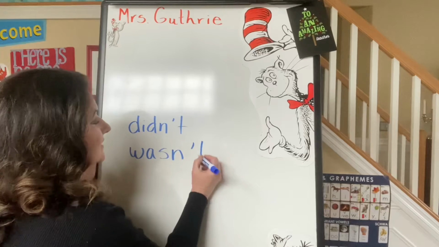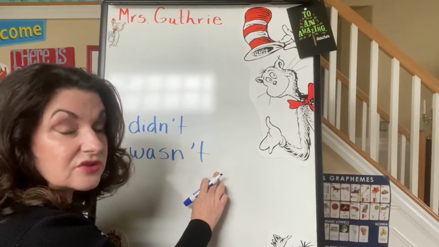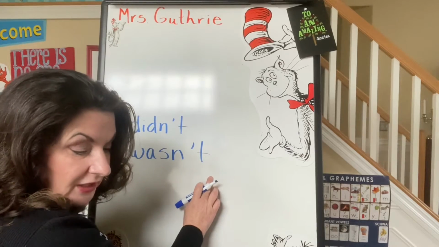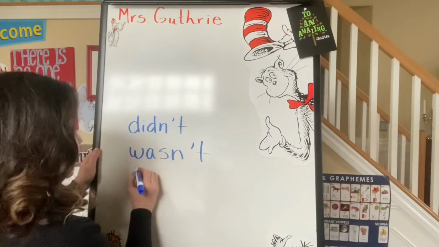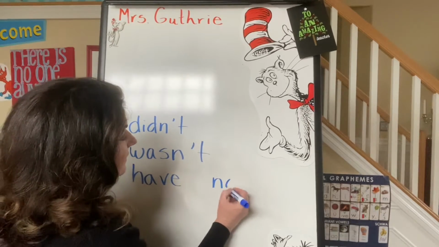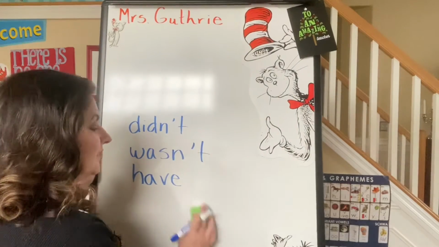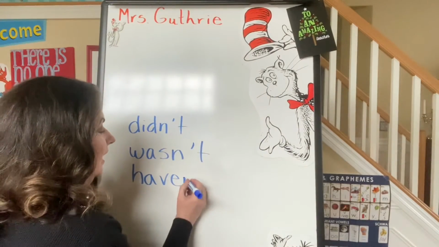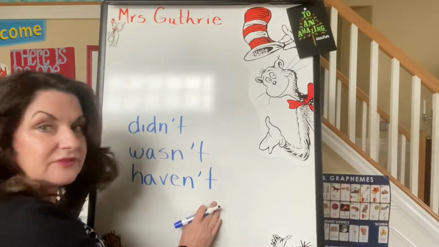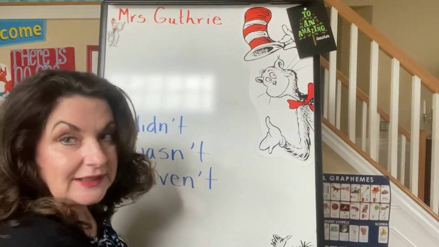So wasn't. Wasn't. Be hard to do that with just your phonics. You've got to remember the rule. Haven't. That one's not so hard. Haven't. Have not. Haven't. I haven't seen that movie yet, but I want to. I put my N apostrophe T. Haven't.